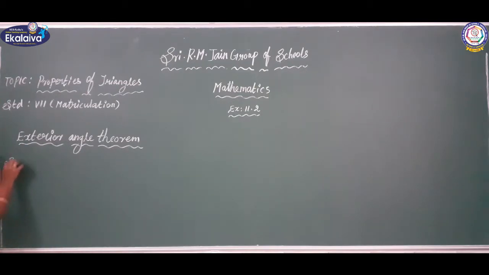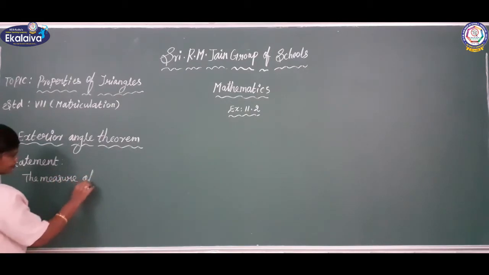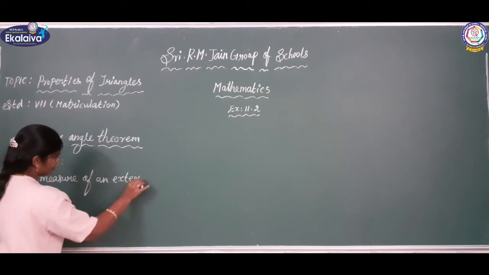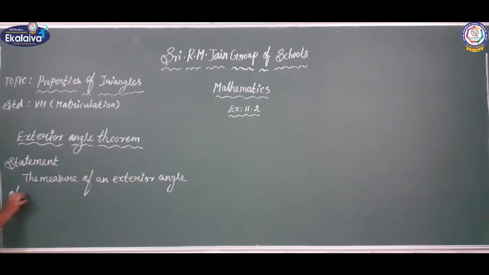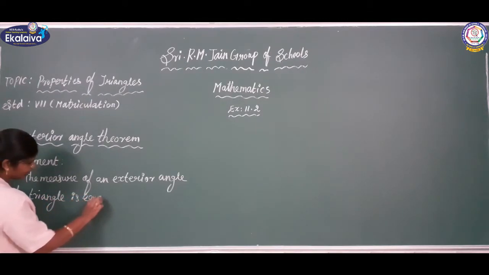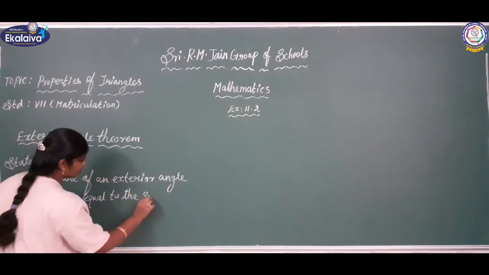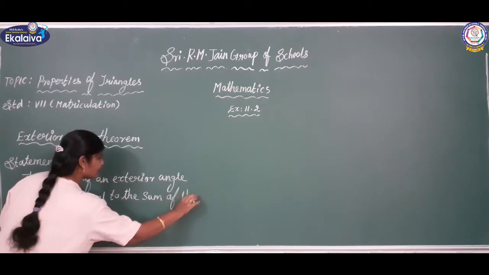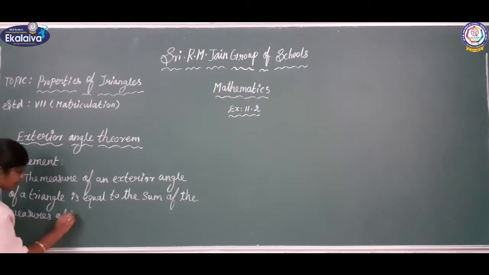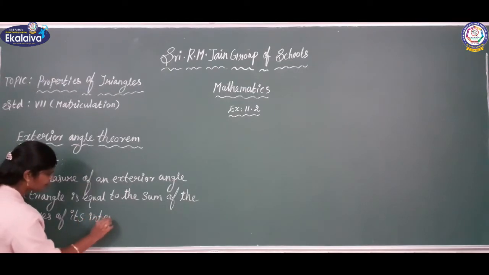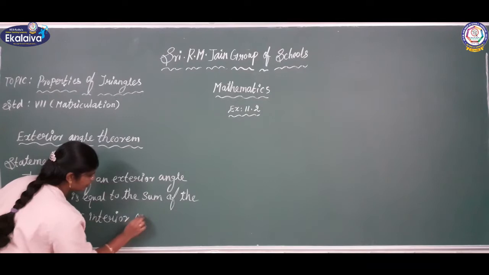Okay, first statement: the measure of an exterior angle of a triangle is equal to the sum of the measures of its interior opposite angles.